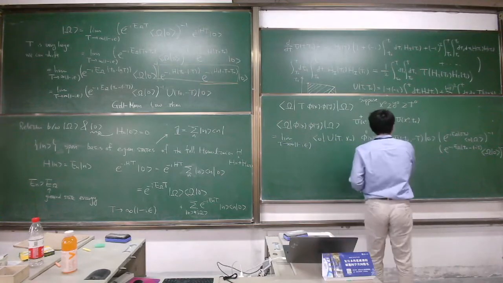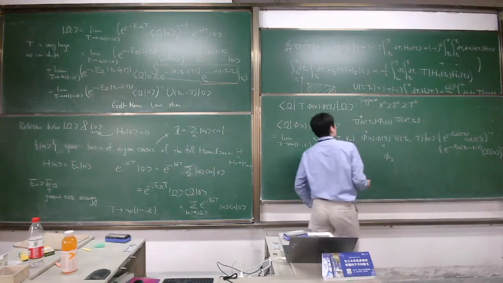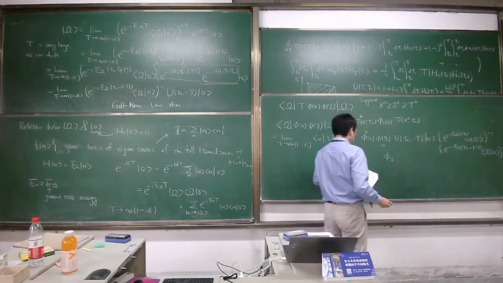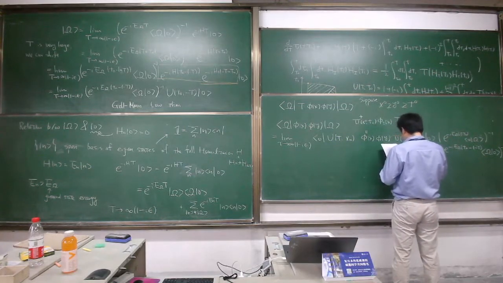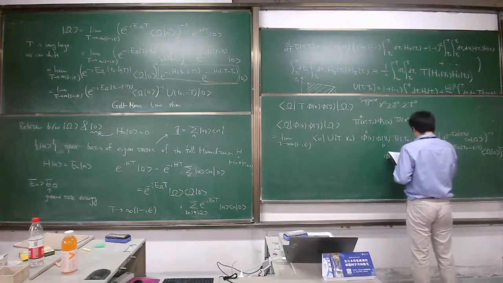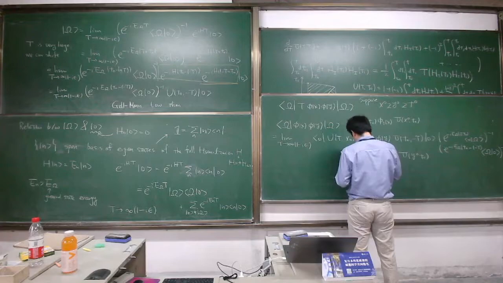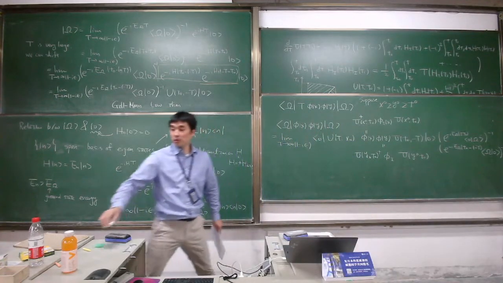And this one I can just write down as phi I. So that's the relation between the Heisenberg picture and the interaction picture. This one is equal to U y naught t naught, and then U y naught t naught dagger. Okay. So that's the relation between the pictures.